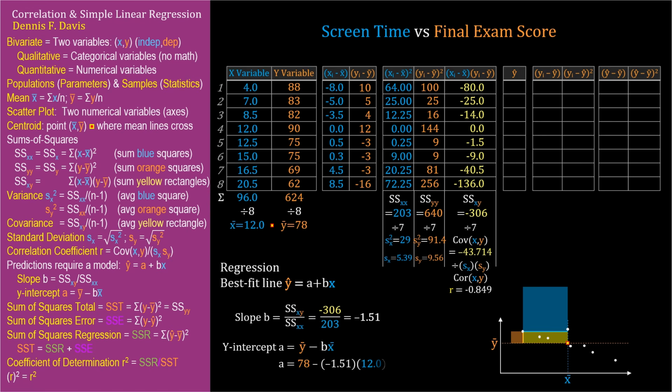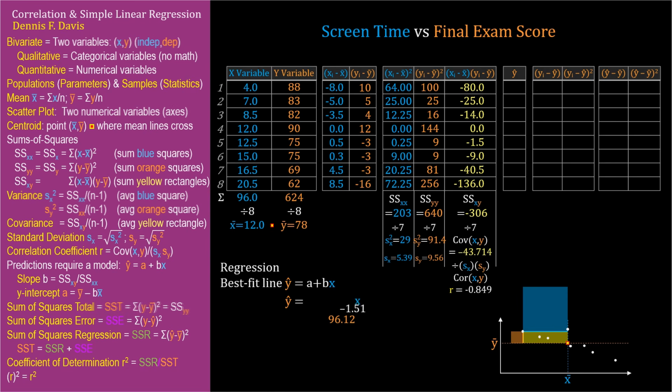When we plug in the numbers, we get 96.12. The units of measure of the y-intercept are exam points. So our best fit line is y hat equals 96.12 minus 1.51x. On the scatter plot, this corresponds to the purple regression line, our prediction model.